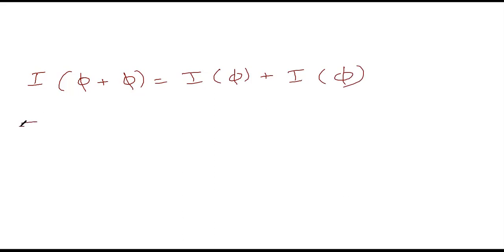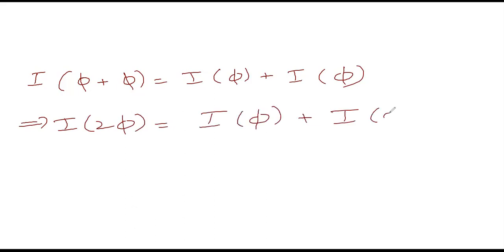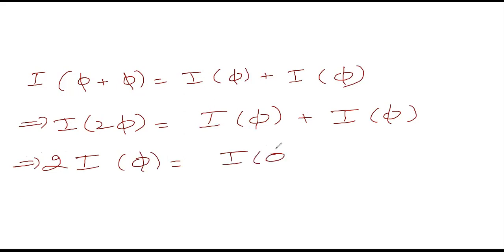So this implies the integral of twice phi is equal to the integral of phi. We had two representations for phi, so we had two integrals actually for phi, but on this side we have only one integral. I can write this as twice the integral of phi is equal to the integral of phi plus the integral of phi.